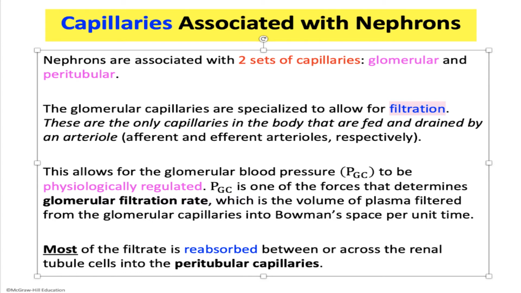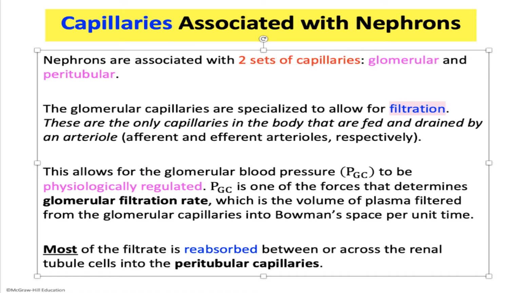This very localized blood pressure is known as the glomerular blood pressure, PGC. If this blood pressure is high, a lot of filtrate is produced per unit time, and conversely, if this blood pressure is low, less filtrate is produced per unit time.